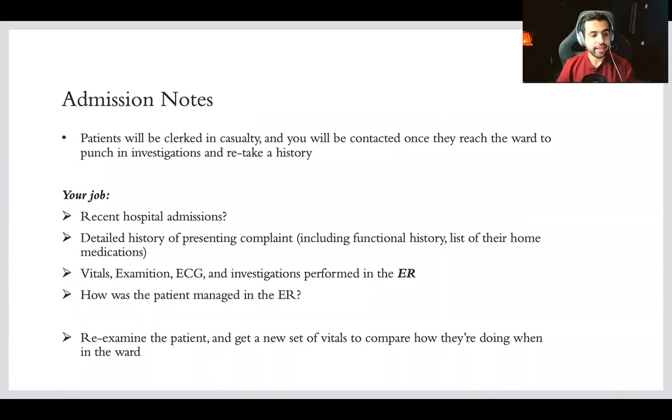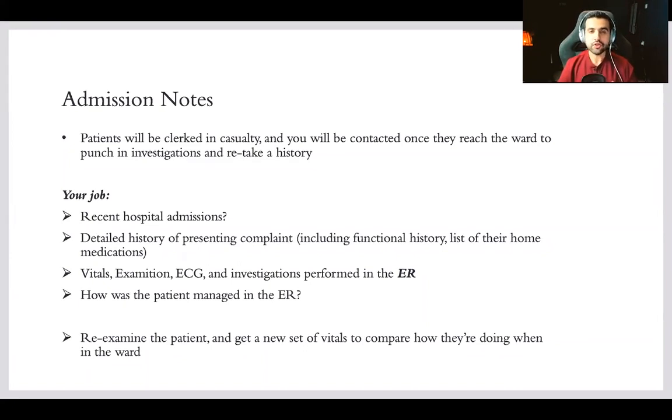So as I said just now, when the patient first comes to you, the first thing that you want to write in the paper is the patient name, their age and gender, the relevant medical history, and the surgical history, if it's applicable.